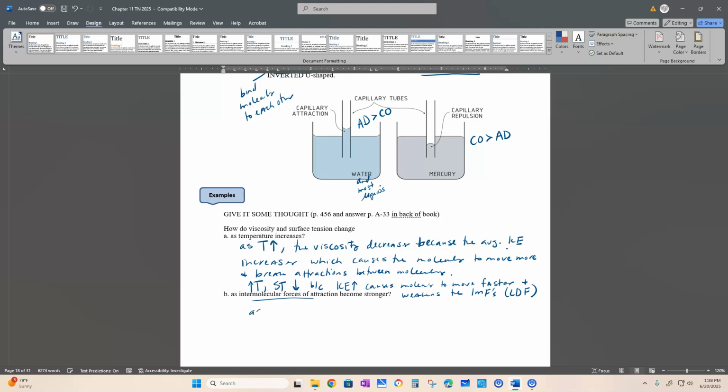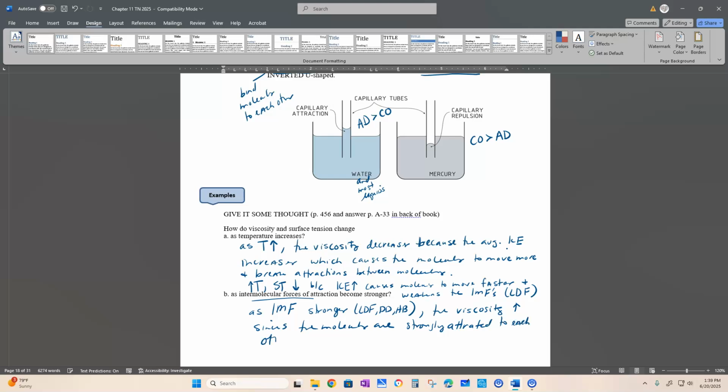So as intermolecular forces become stronger, so we're talking about LDF, dipole, and hydrogen bond type of molecules, the viscosity increases since the molecules are strongly attracted to each other.